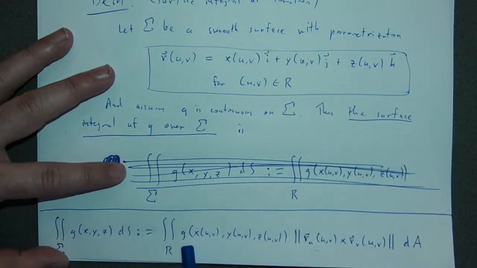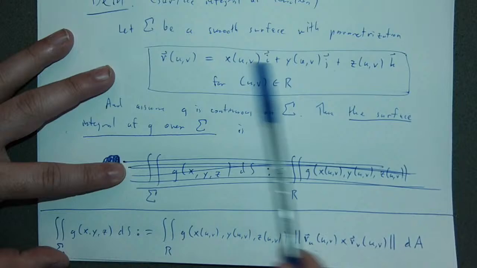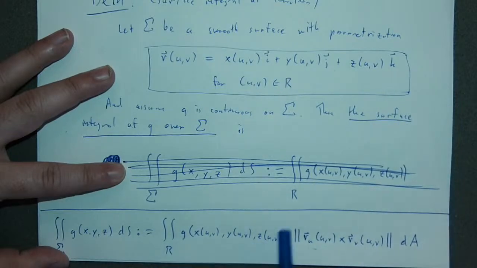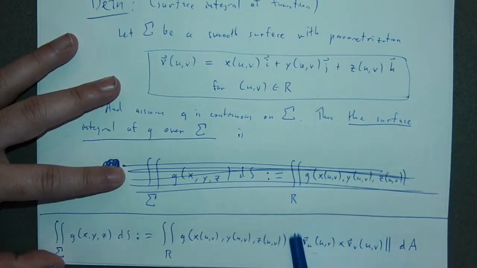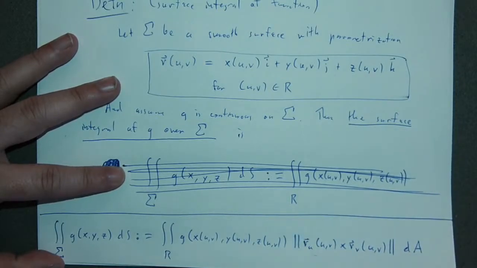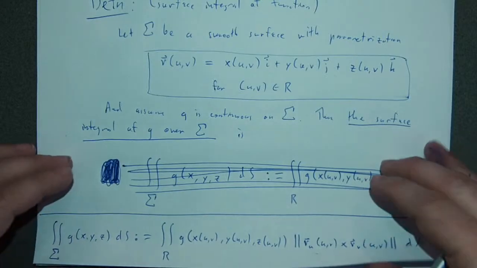Because after you plug in the parameterization for your surface into G, and after you compute this weird expression arising from the normal for the surface, and you do all of the algebra required to make this look presentable, then you're just doing a double integral, in the same way you were doing a month ago. So that's the deal. So let's do an example.